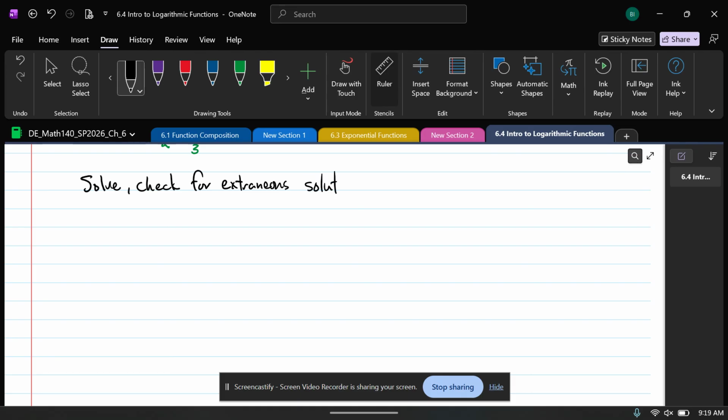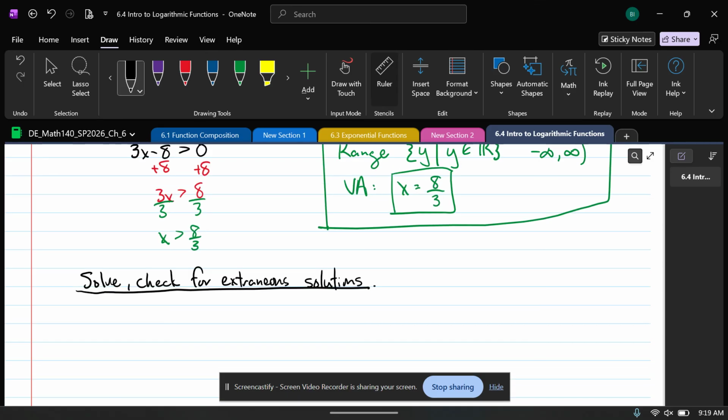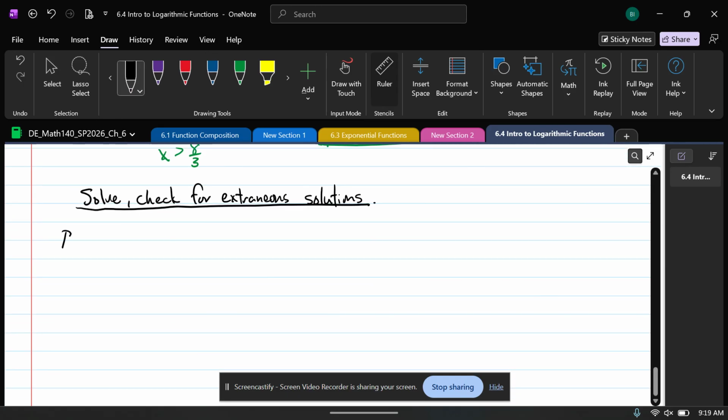Now, the reason we have to check for these extraneous solutions, we didn't have to check for those in exponential equations because there's no restriction on the domain for exponential. In logarithms, there's a restriction on the domain. That means that there's something that x can't be. So we've got to check those things as we solve these equations.